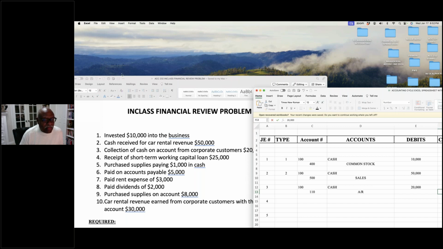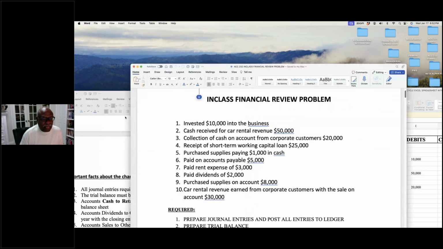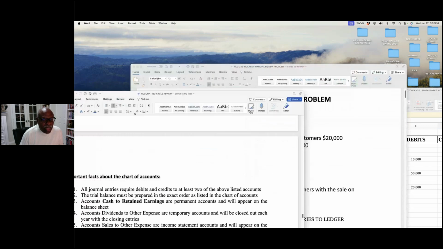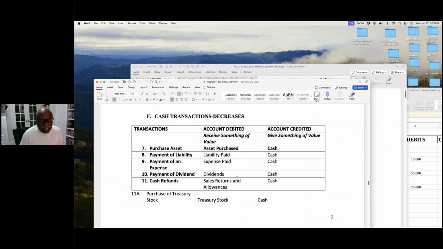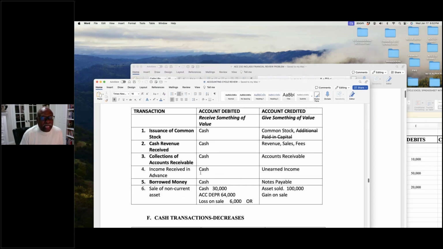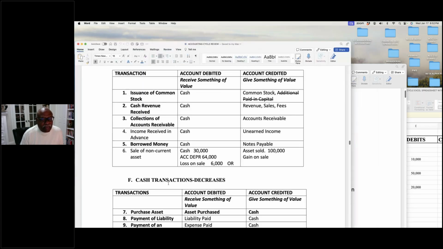Okay. So that being the case, we know that we got to be somewhere in 1 through 6. And it looks like they borrowed money. They got a working capital loan. So it looks like that's a type 5 where we're going to debit cash and credit notes payable.